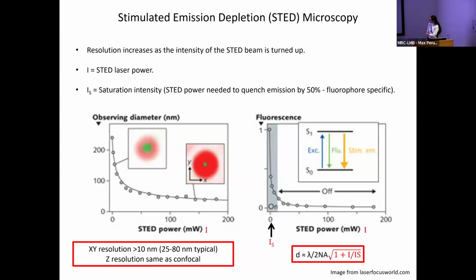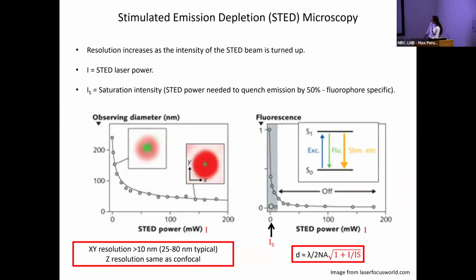The higher the intensity, the better the resolution. So you switch off the molecules all around, and you can see it here visually. If you have a low intensity donut, your middle spot is bigger. But when you increase the intensity, you narrow your region, so you have zero in the middle.